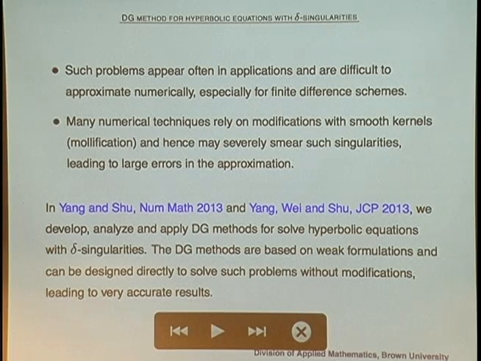That means for DG schemes, you do not have to do modification. You can directly apply your original scheme to either the initial condition or the right-hand side or the solution itself containing delta singularities. You can just use the good old method. So from a practical point of view, there's no change, right? You can just go ahead and use your original code to compute.